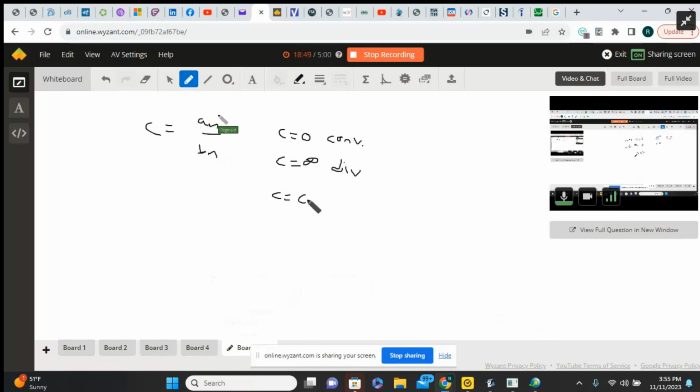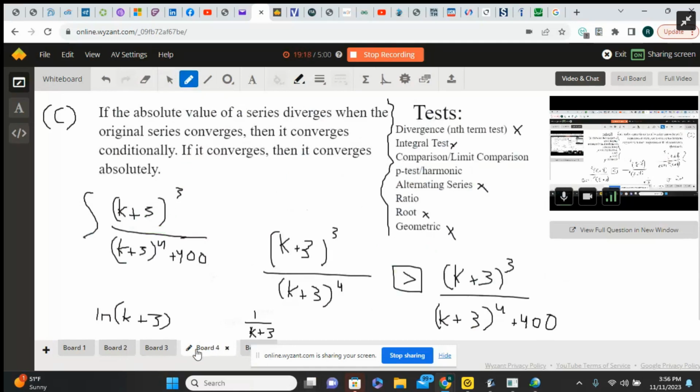If C is anything in between, then it depends on b sub n.